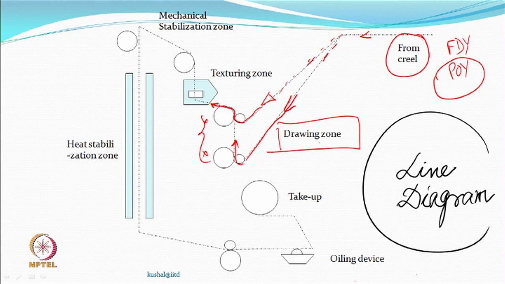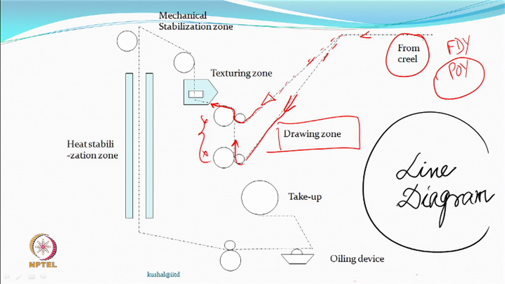If I ask at this time what kind of a sequence this will be called, this should be a sequence where first there is drawing and then there is texturing. So, in some sense we are calling it a sequential draw texturing machine.